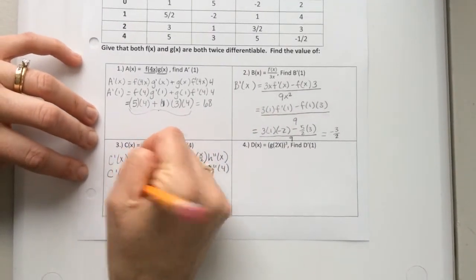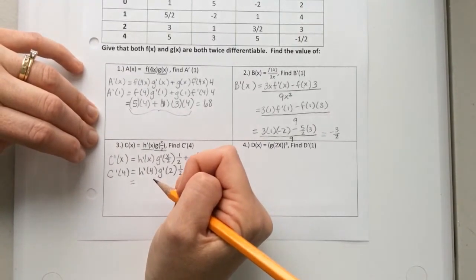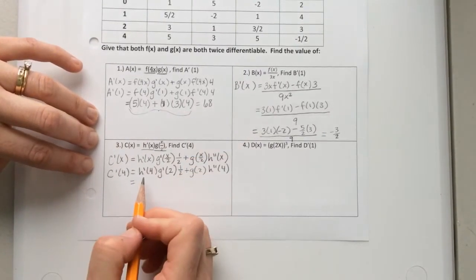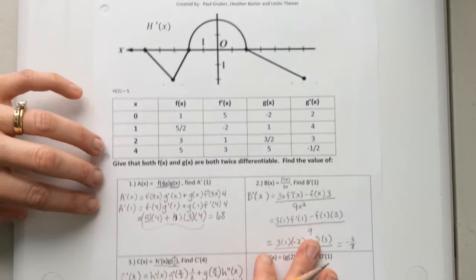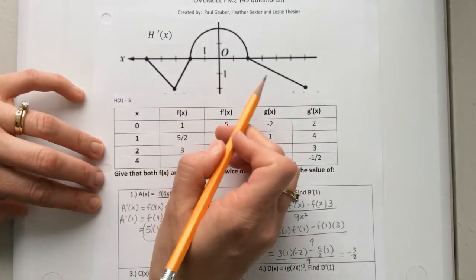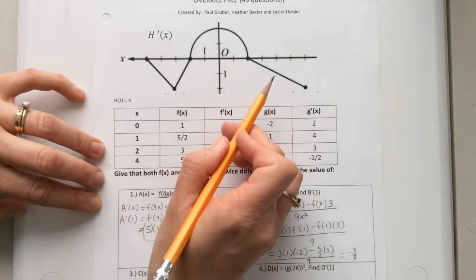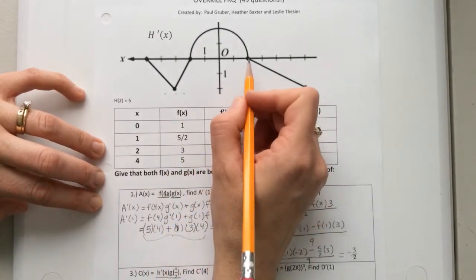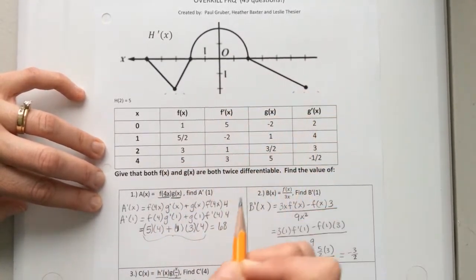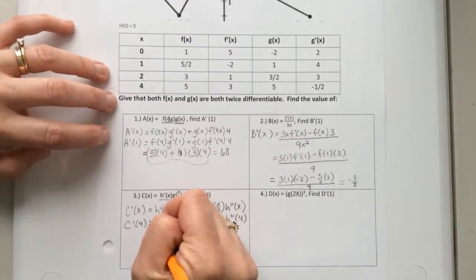So if we look at this, h prime of 4, scroll back up here, means the slope of this thing at 4, and if you look, it's going down 1 over 2. So down 1 over 2 means that the slope is negative 1/2.